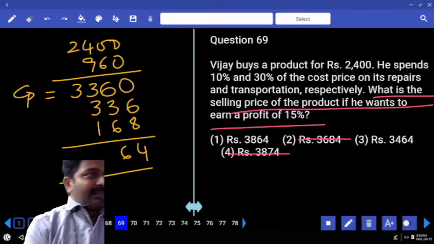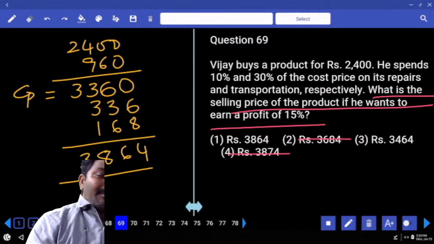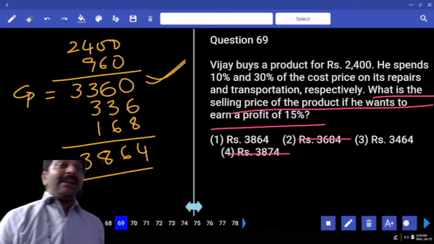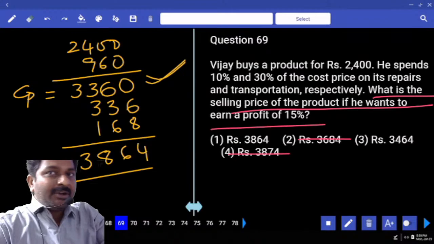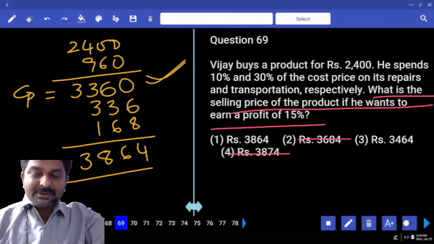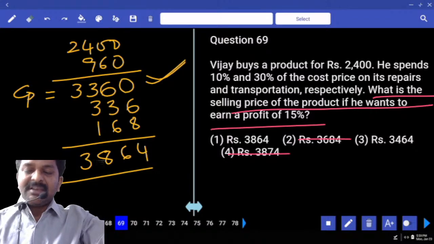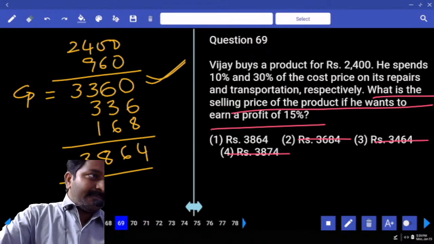If you are okay, then calculate. Otherwise, what you can do is check for a multiple of 3. Because your cost price is a multiple of 3, whatever percentage you calculate is also going to be a multiple of 3. Sum of multiples of 3 is also a multiple of 3. So 3864 is a multiple of 3. 3464 is not a multiple of 3.